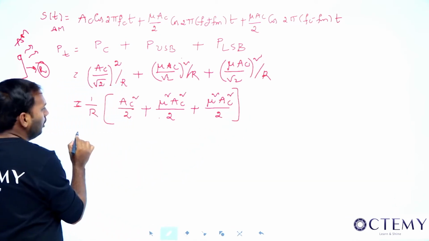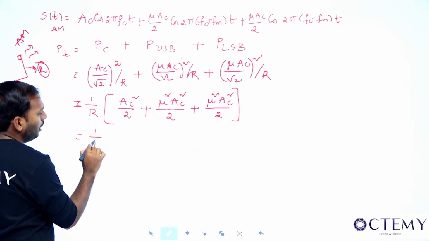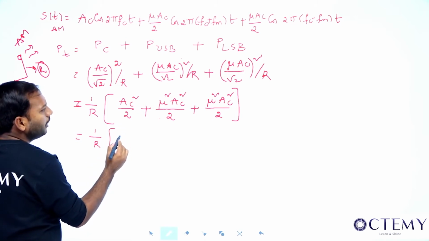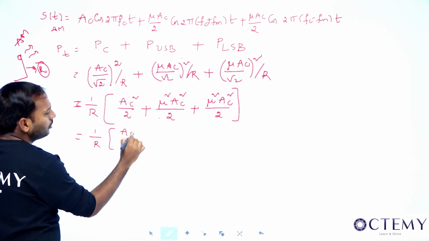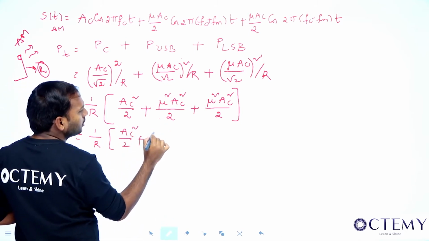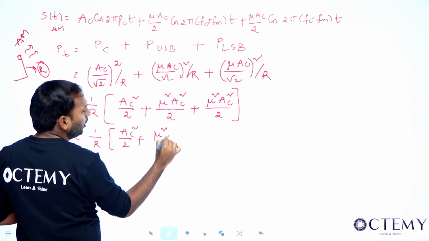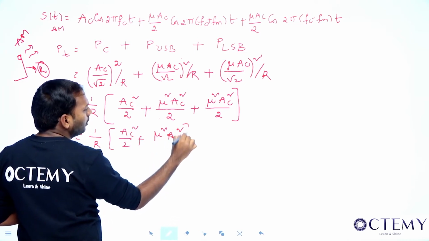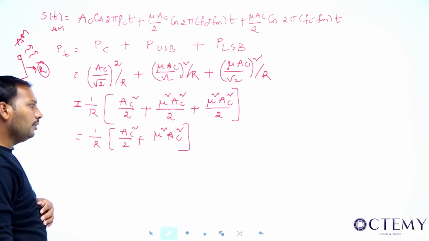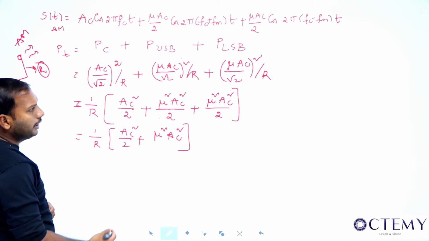Very simple. Now 1 by R into Ac square by 2 plus mu square Ac square. You can write like this.